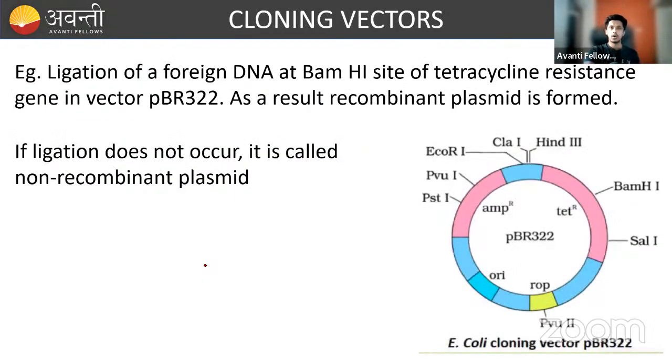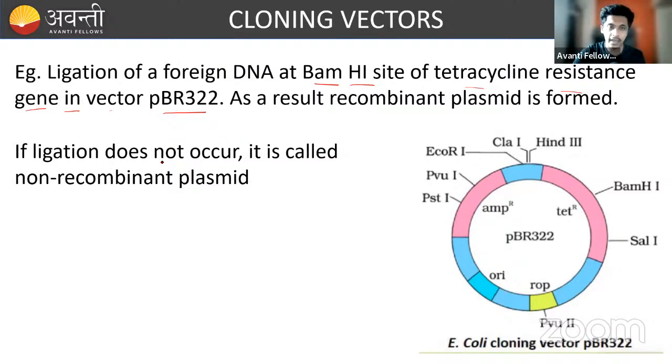Fine. So now they have given an example, correct? When we talk about ligation of foreign DNA, there are two examples given. Let us take these examples. BamHI is one of the sites. In BamHI, the tetracycline resistance gene in vector pBR322 is used as the site for the insertion of our recombinant DNA.